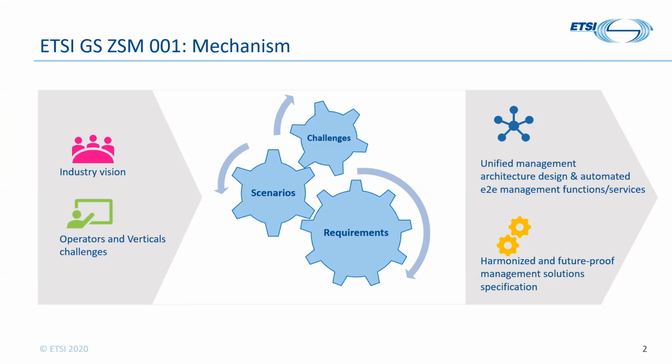The business requirements in ZSM 001 are used to derive the reference architecture framework in ZSM 002. The goal is to create a framework that supports a complete automation for managing a multi-vendor network and that is flexible, future-proof, and standards-based.